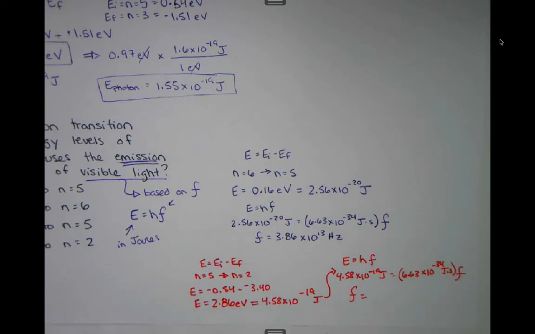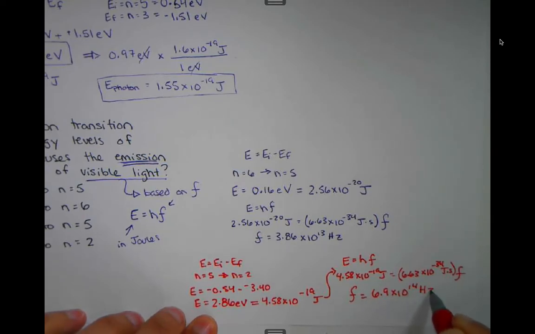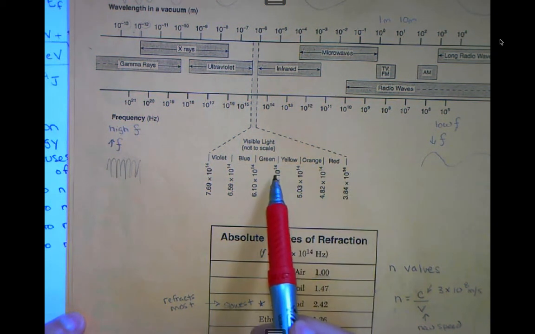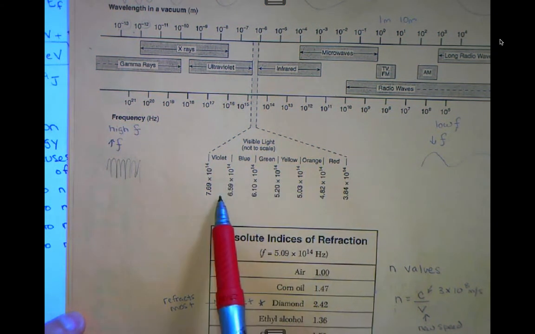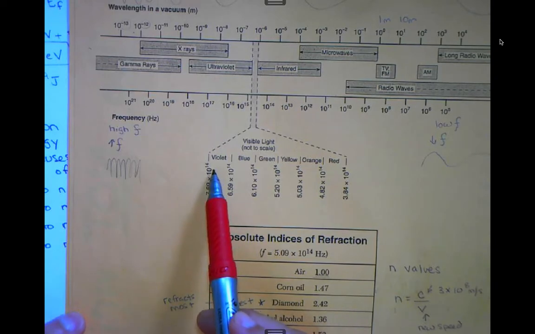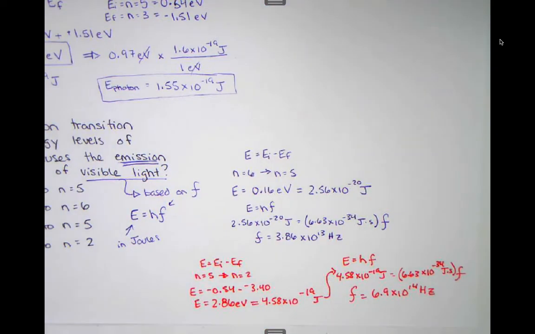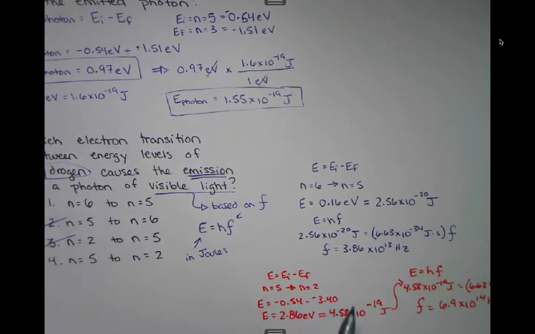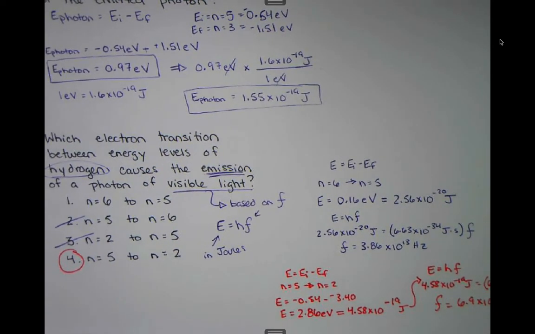That gives me 6.9 times 10 to the 14 hertz. Let's hope that that falls here. These are all 10 to the 14, and 6.9 would be in here, so it would be violet colored visible light. So that was from 5 to 2, and my correct answer here is choice 4.